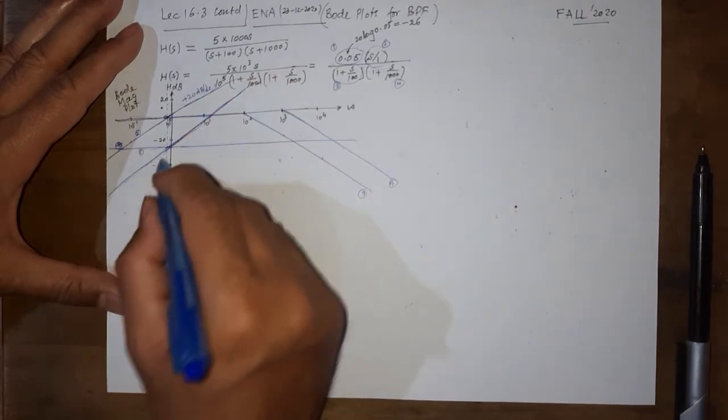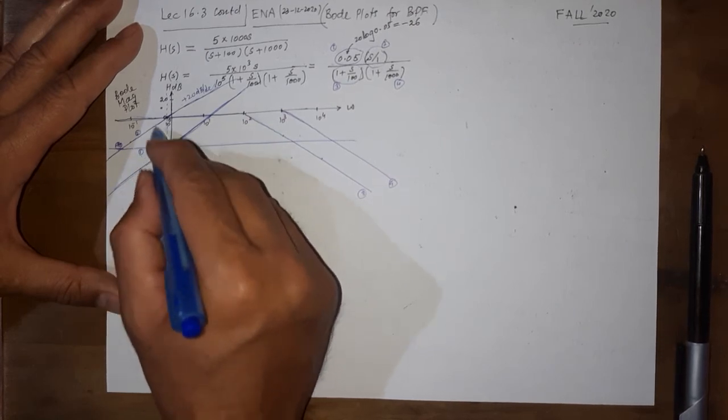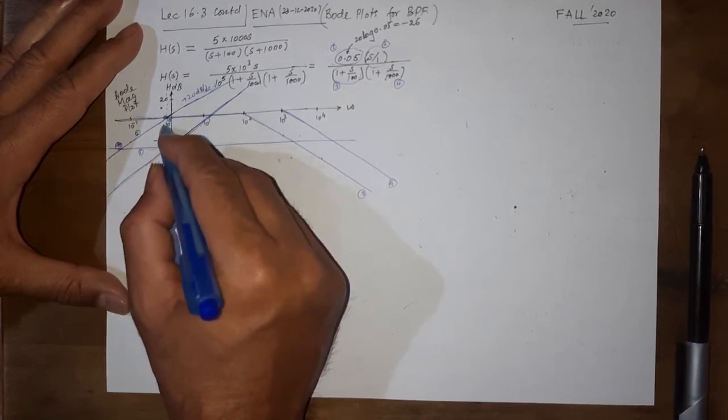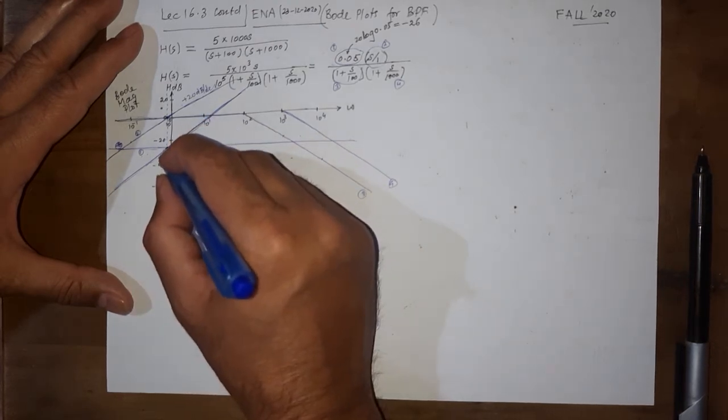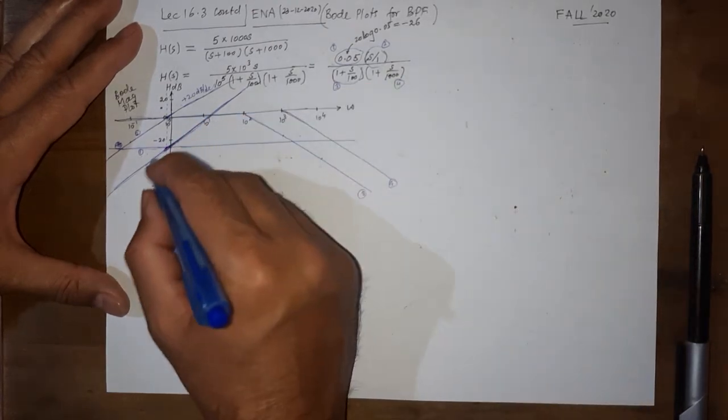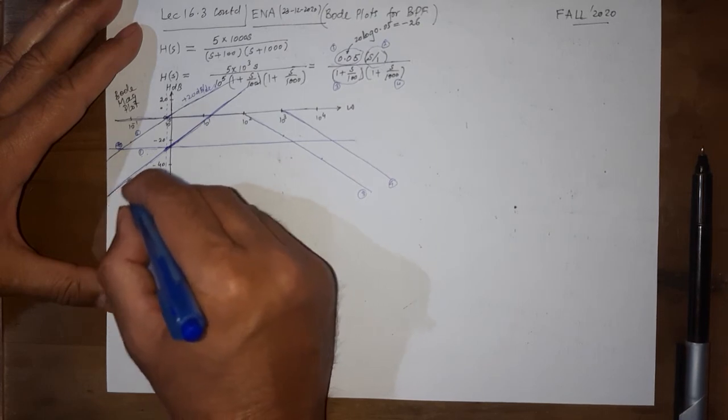So this will be the resultant of 1 and 2, a parallel one, because this basically brings this down. So we will have such a line. This will be the resultant.